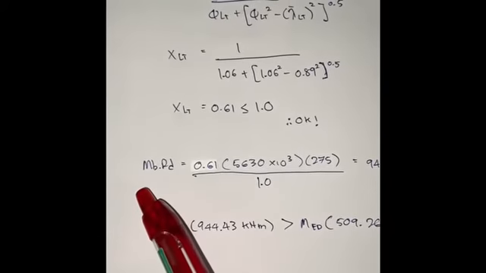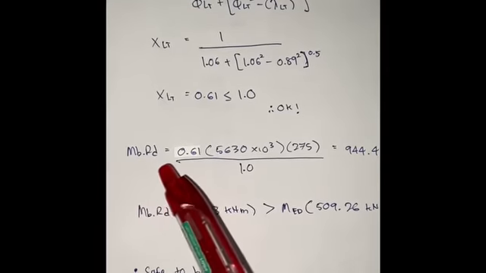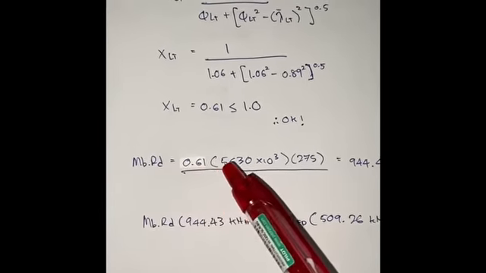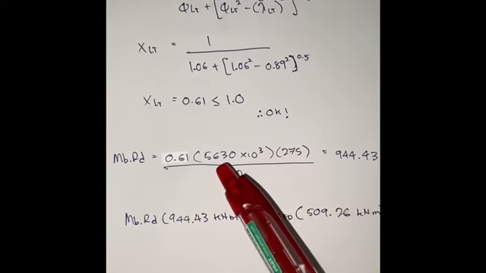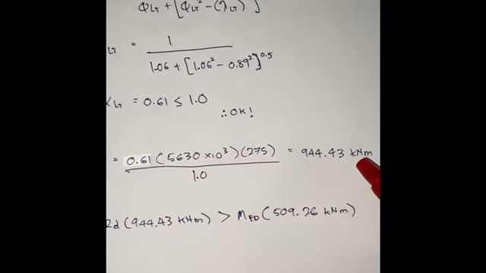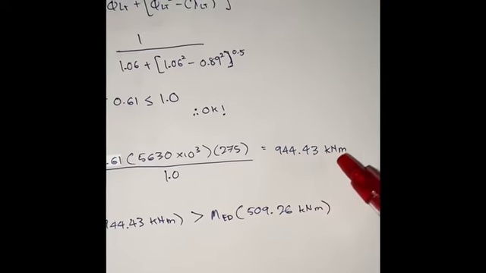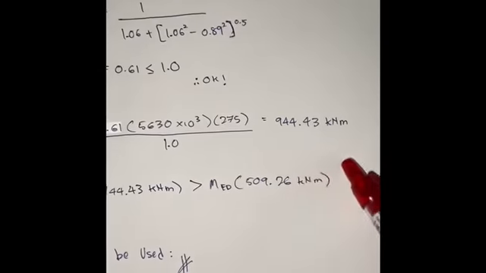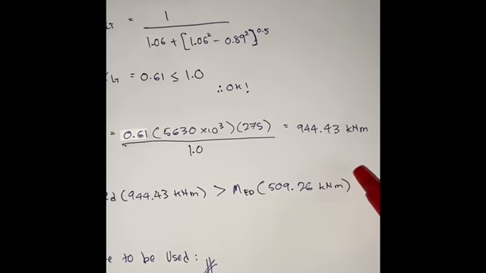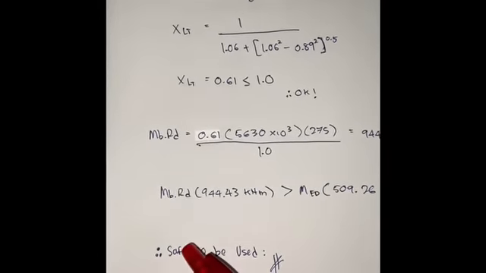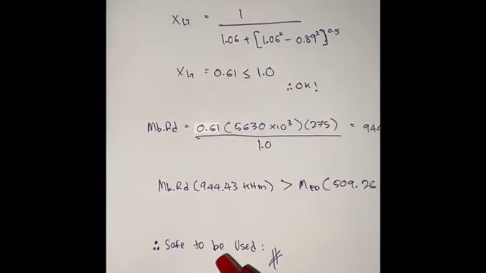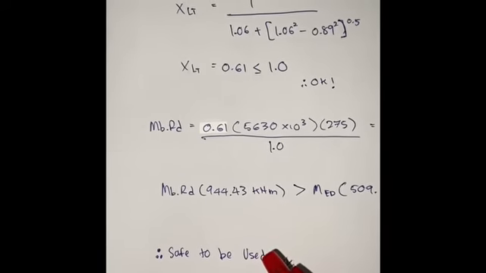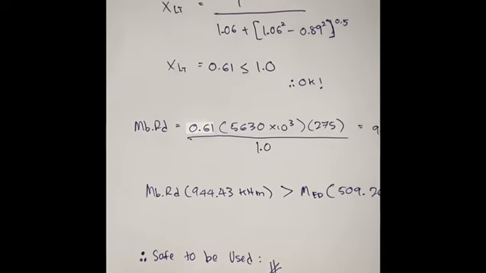And then after that, we use the MBRD formula, just put in the reduction factor that we have got, and then we will find 944.43 kNm. So our MBRD is greater than the maximum moment that we have designed. So for the unrestrained beam, it is safe to use the same section as the restrained beam that we have designed before.